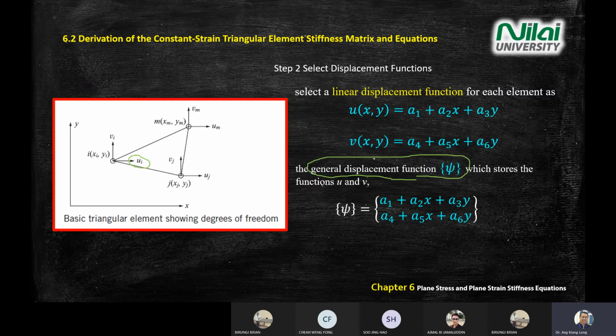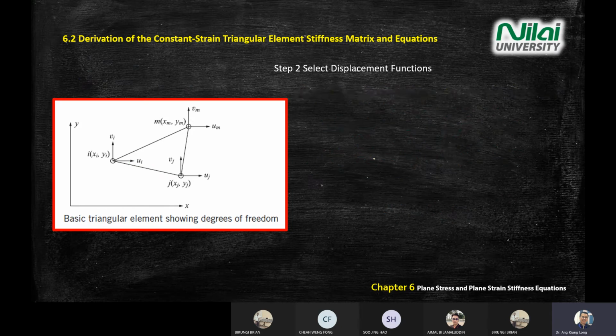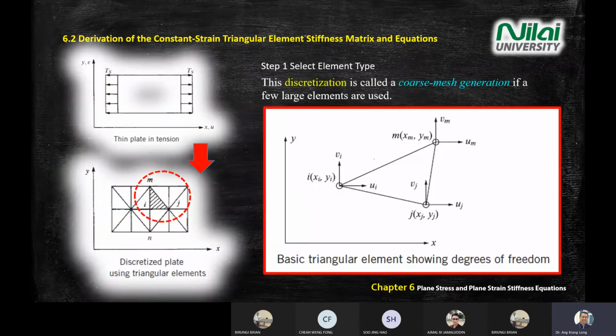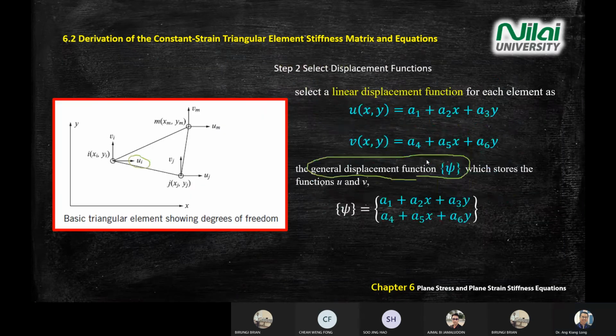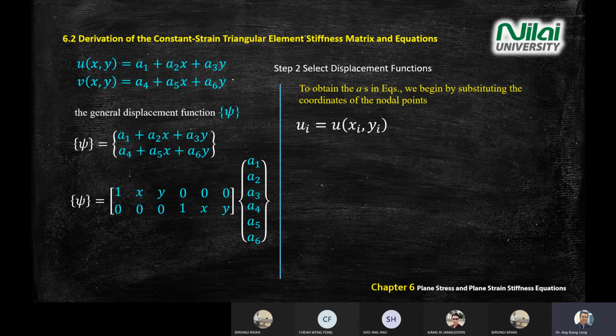If you recall this red color box here, I will show you the big red box. Each point has a coordinate. This is the I point, you have xi, yi. J you have xj, yj. M you have xm, ym.